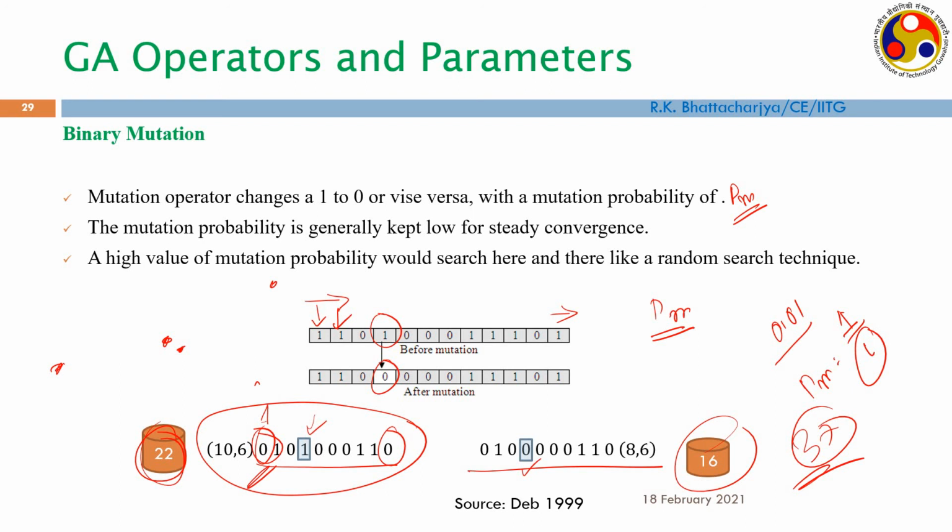Now there may be a question: when you apply crossover and mutation, it is not that you are always creating a better individual. Sometimes crossover may create an inferior solution to the parents, so the children may be inferior to their parents. Similarly, after mutation the solution you get may be inferior to the existing solution.